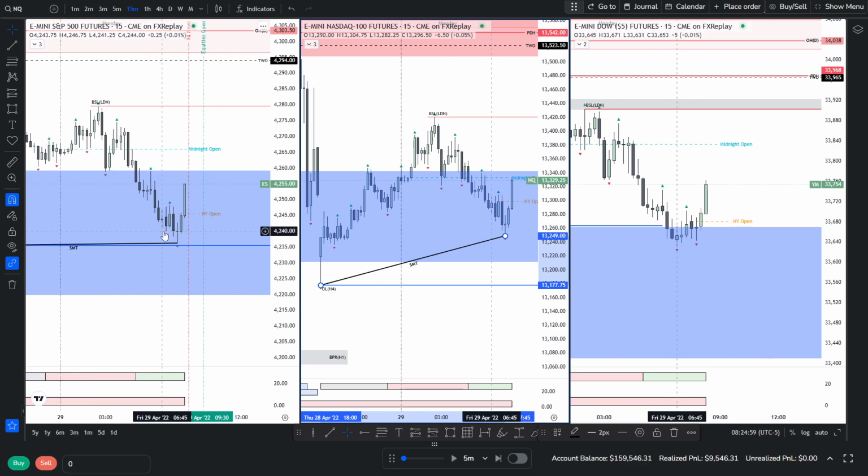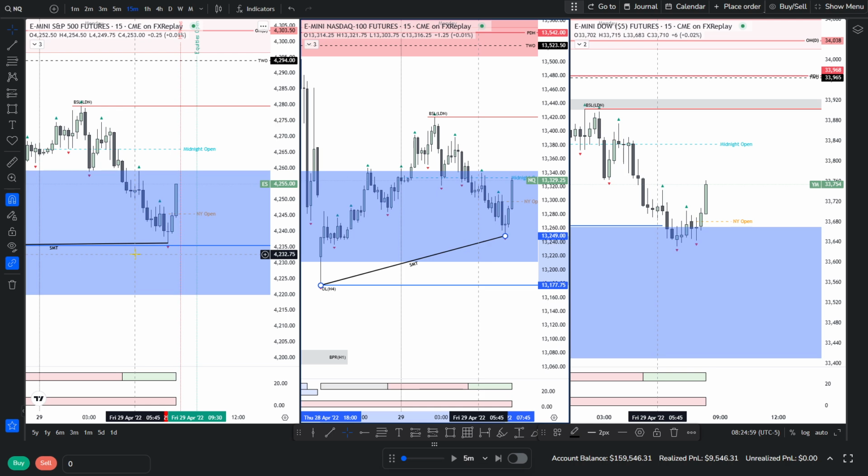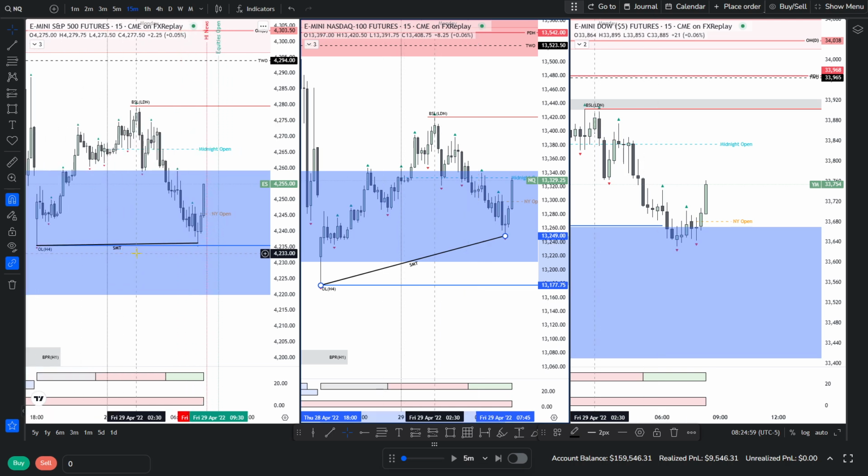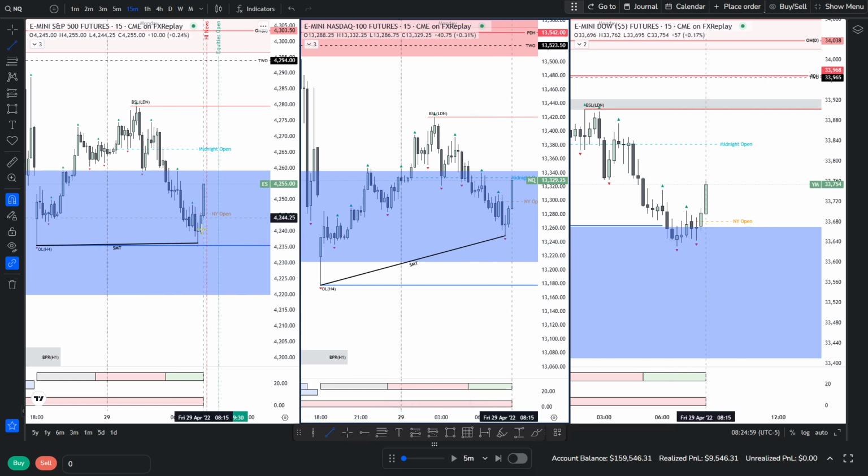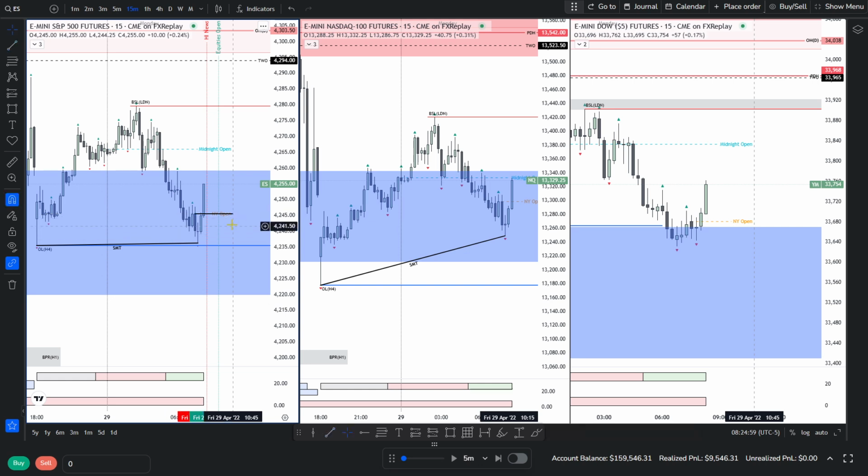So first of all, I want to see that liquidity pool got purged there. This is a real small one here. So we'd be looking at the M15 order block to be there.